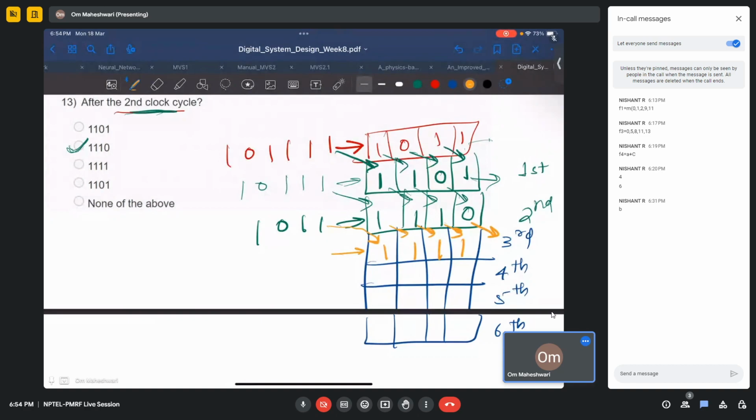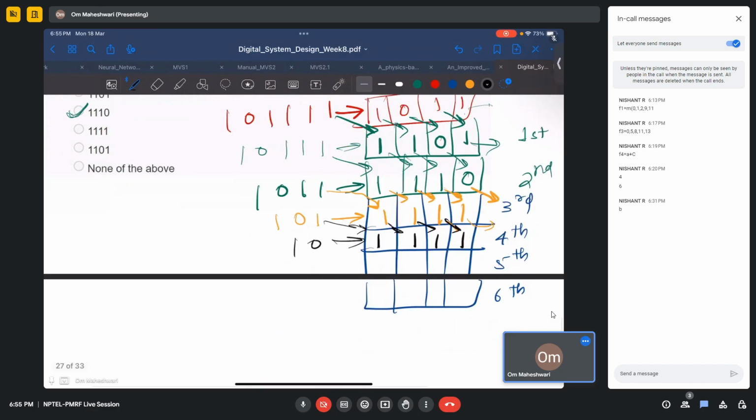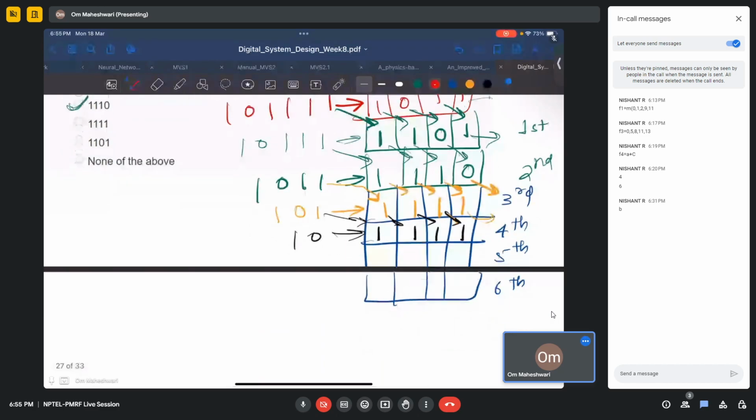In the fourth cycle, this one will come out, giving 111, and the remaining inputs are 0 and 1. In the fifth cycle, this one will go out. In the sixth, it will be 1101.